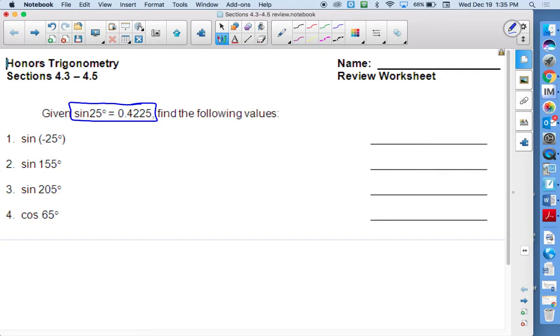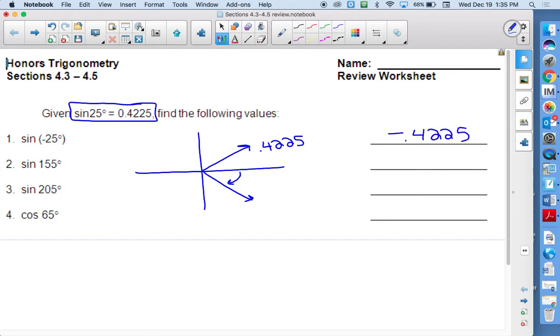So finding the other values is more about knowing the location of the angle than it is anything else with a calculator. So if 25 degrees has a value of 0.4225, negative 25 degrees, just going in the other direction, would be equal to negative 0.4225.